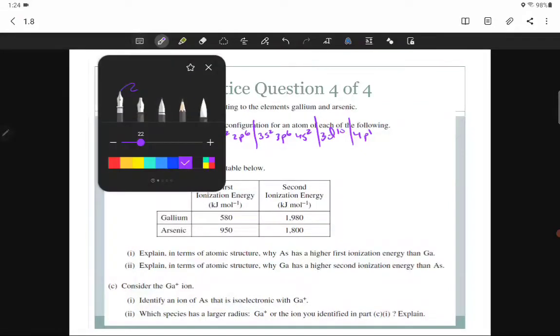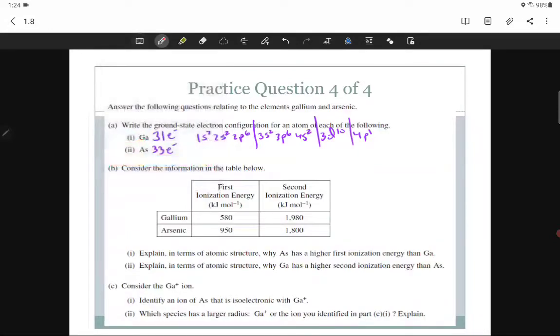Let me change the colors here for a second, to show you something that you may or may not know. Depending on what column and what row the element is, in this case gallium, it's in the fourth row, let me write this over here, and it's in, I'm skipping the transition metals, but it's in the third column. So what does that mean?